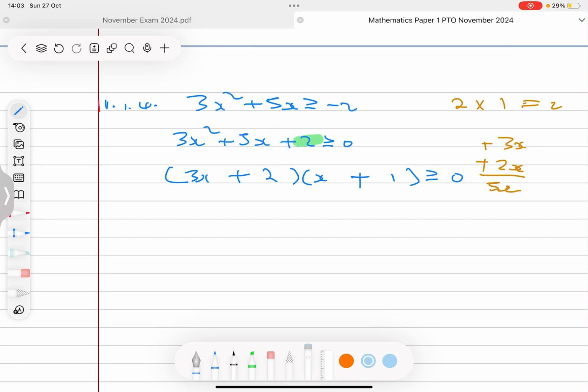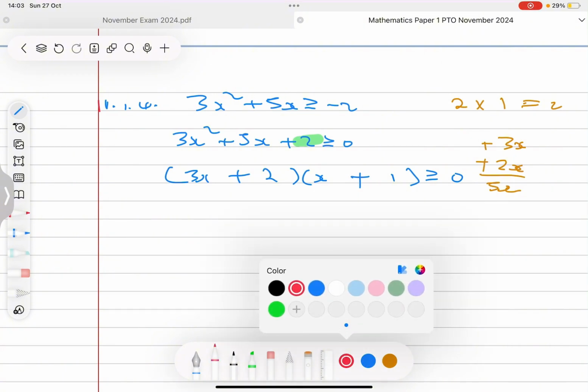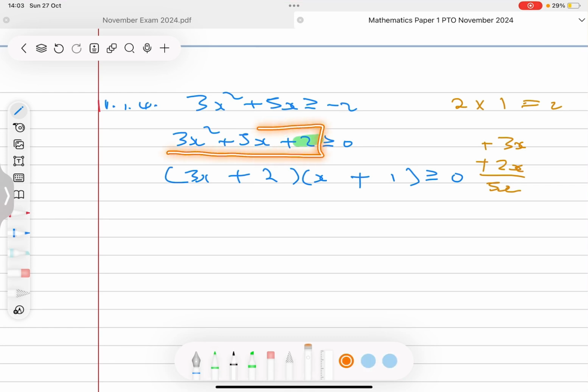Now when we're at this stage, you must remember that this is an inequality problem. There is an equal sign here, but there is also a greater than sign, right? So this greater than sign actually tells us that this parabola, remember this is a parabola, or this expression 3x squared plus 5x plus 2 should be greater than or equal to 0.